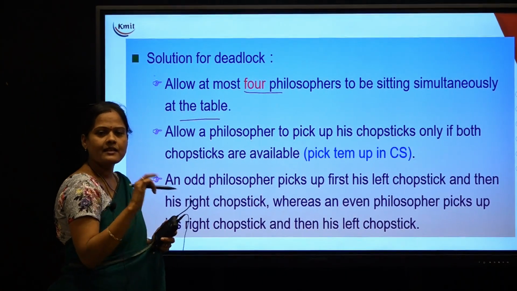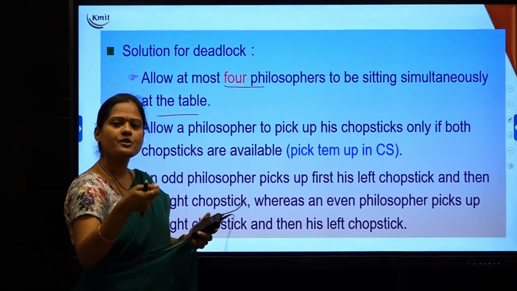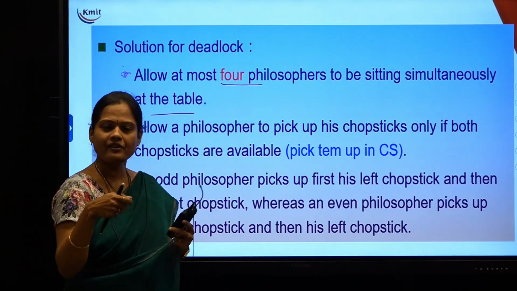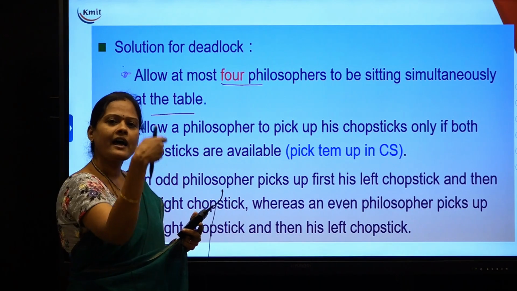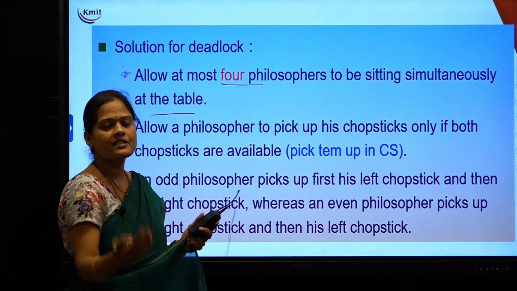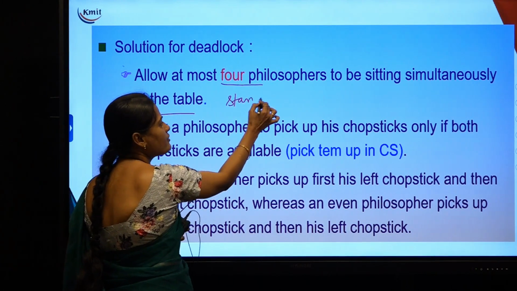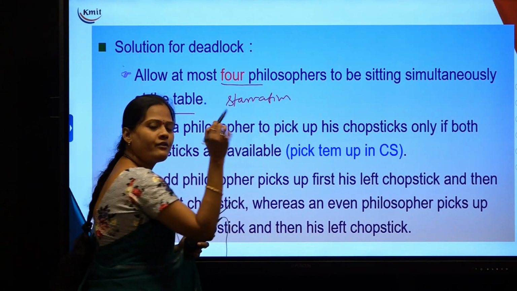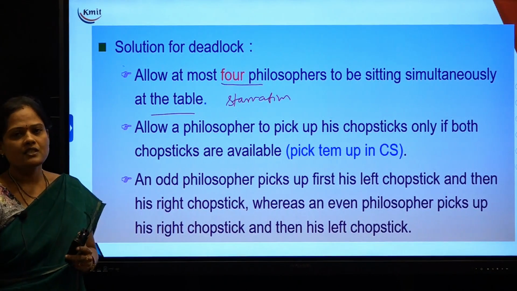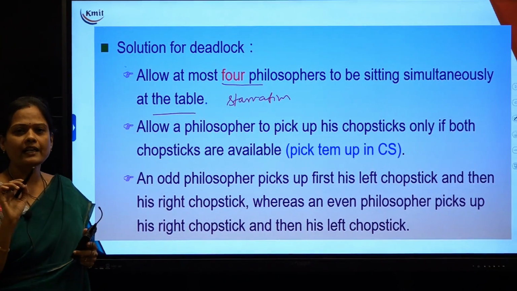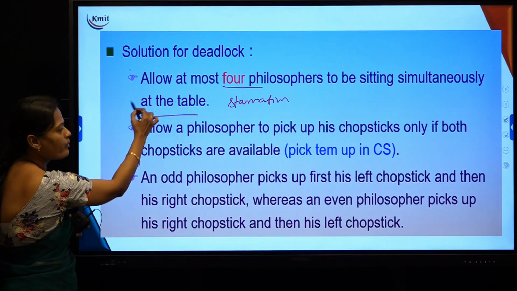So in that case, one philosopher will get an option of getting 2 chopsticks. He can have his lunch or eating part and then put down the chopsticks, then the next philosophers can continue. You may get a problem of starvation, because one remaining philosopher will be waiting for the others, but you will not get any problem of deadlock. This is one way of overcoming it.